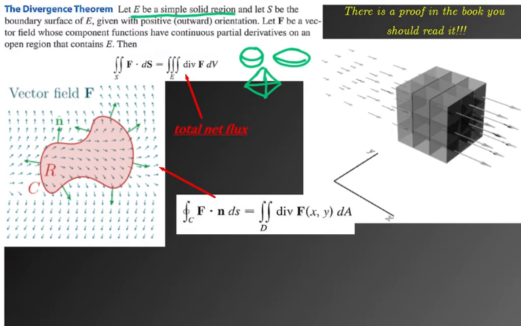Basically, the definition of this thing is anything that is type 1, 2, or 3. Back when we learned triple integrals, we talked about type 1, 2, 3 regions. Those are what we call simple solid regions. They're basically closed and bounded surfaces.